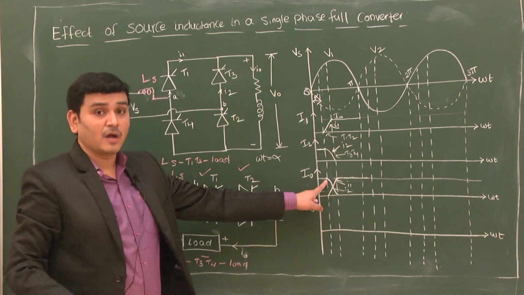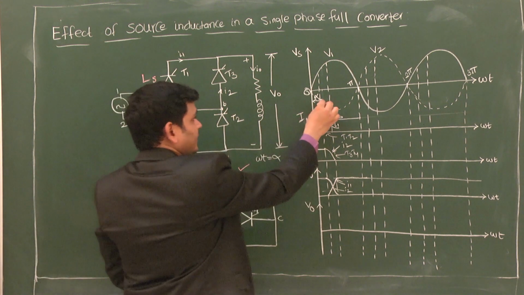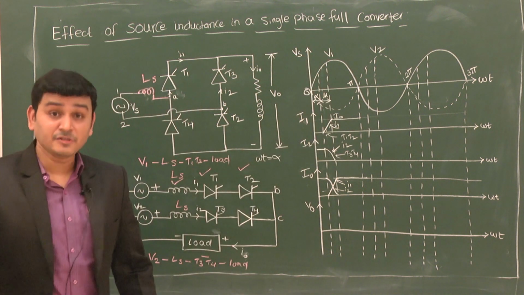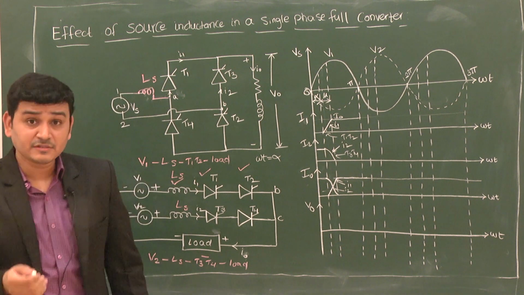So from omega t equal to alpha to some angle mu, I can say this angle is mu. What is mu here? It's called the overlap angle.